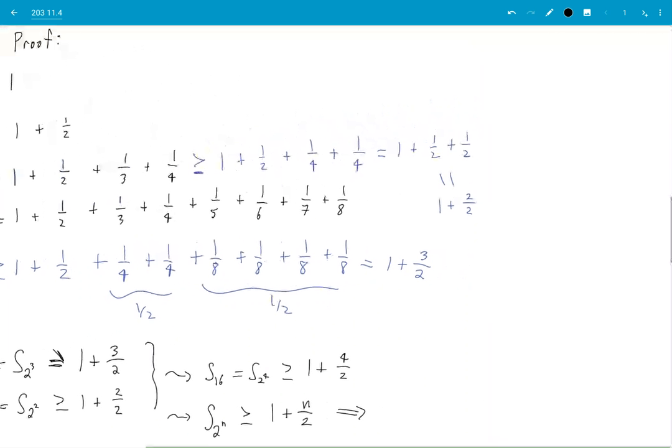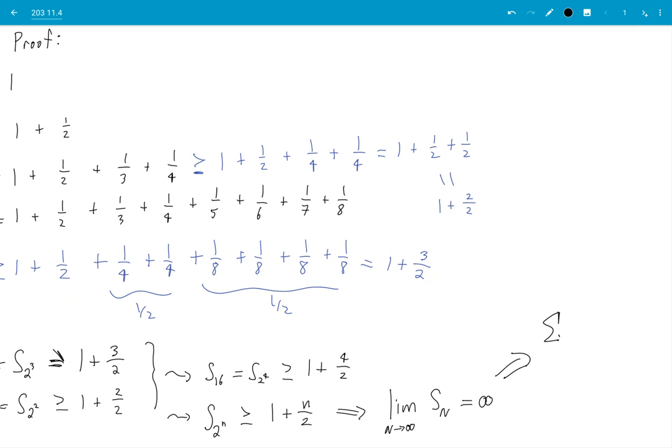Therefore, the limit as n goes to infinity of S_n is infinite, right? Because this quantity here is at least something that is growing. See, this is growing without bound. And what do I get from this?